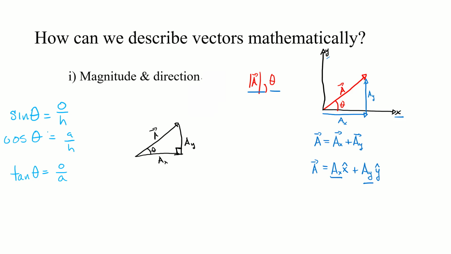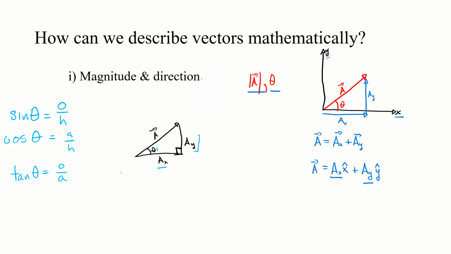This is SOHCAHTOA, the trigonometric relationships for right angled triangles, where the opposite is referring to the side of the triangle opposite the angle theta. Adjacent is the length of the side adjacent to the angle. And hypotenuse is the length of the side opposite the right angle of the triangle.